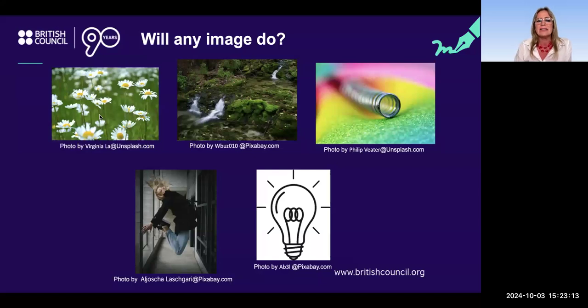Now, do you think these images are, yes, they represent the different meanings, but are they effective if we wanted to find one single concept that is common to all of these different meanings? Do you think these would be effective?